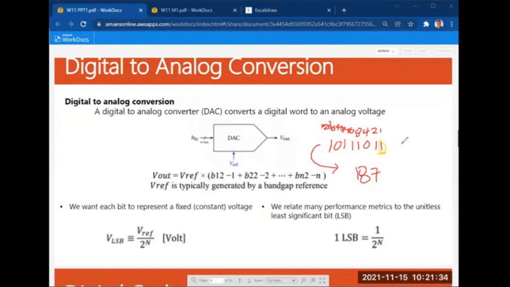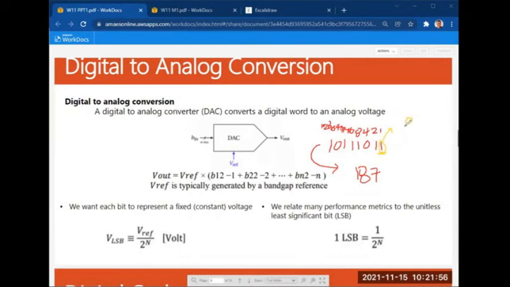There will always be an error. So the role of the LSB is this: if this bit has an error, for example, instead of 1, it becomes something else after the conversion from analog to digital and then digital to analog.